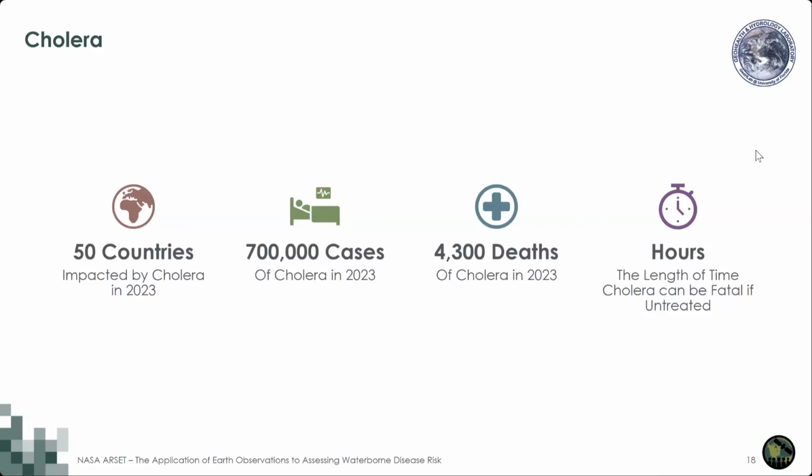The alarming thing about cholera is that it only takes hours for an infection of cholera to be fatal if it is untreated. One of our main goals with studying cholera and developing cholera prediction awareness is to help distribute supplies and provide awareness of where cholera is most likely to be present, so that these cases can be treated appropriately.